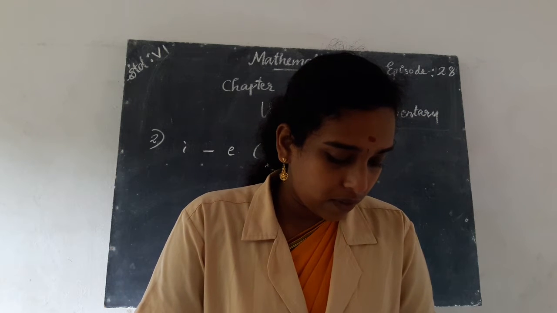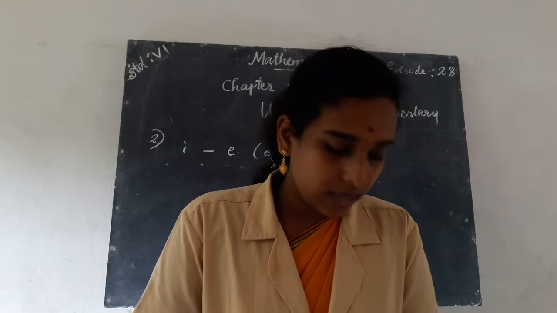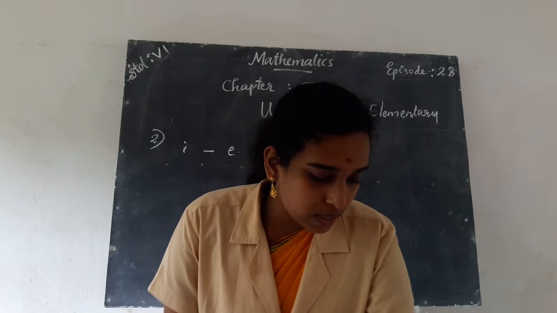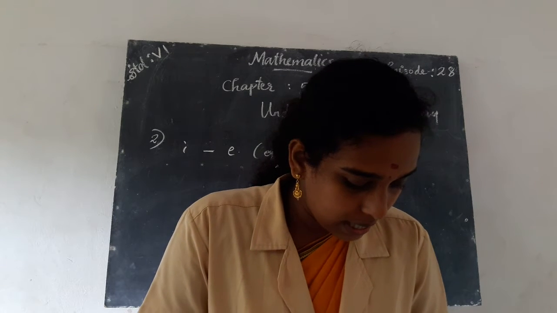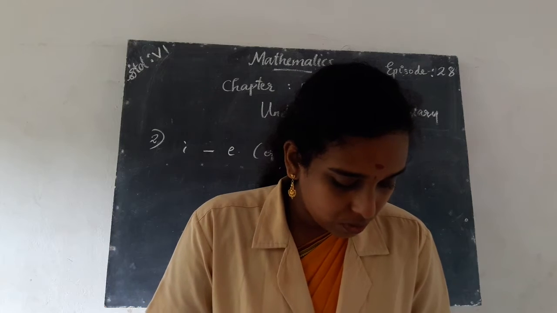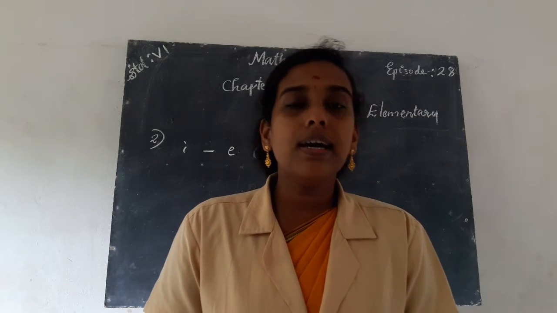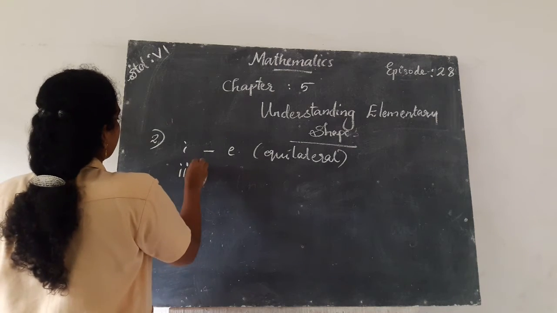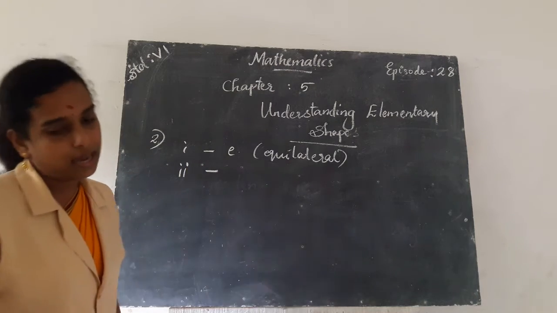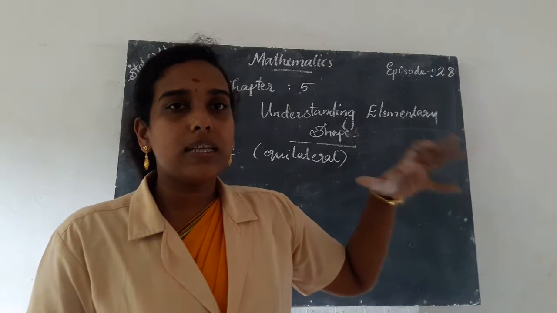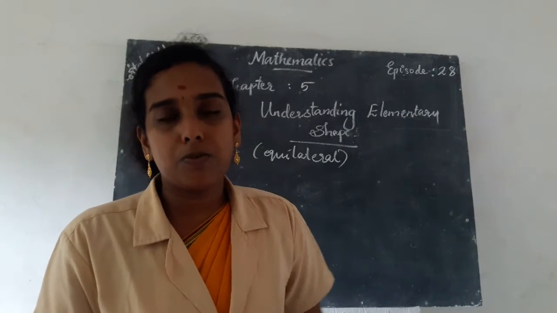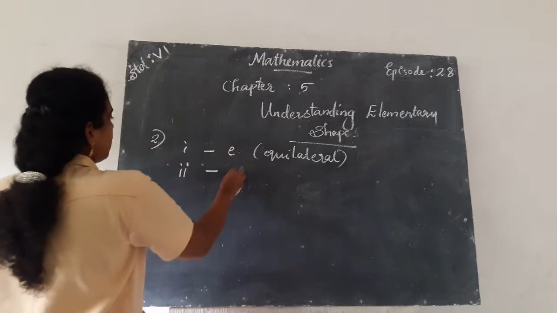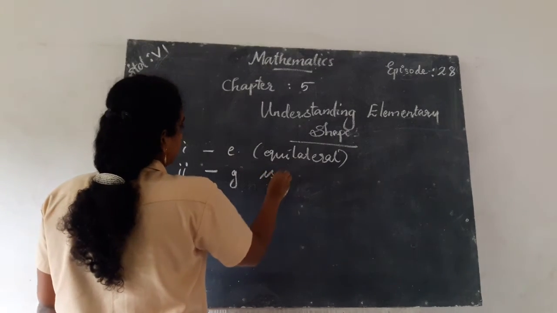Then the second question, two sides of equal length, is called an isosceles triangle. If any two sides of a triangle are equal, then it is said to be an isosceles triangle. So option G, isosceles triangle.